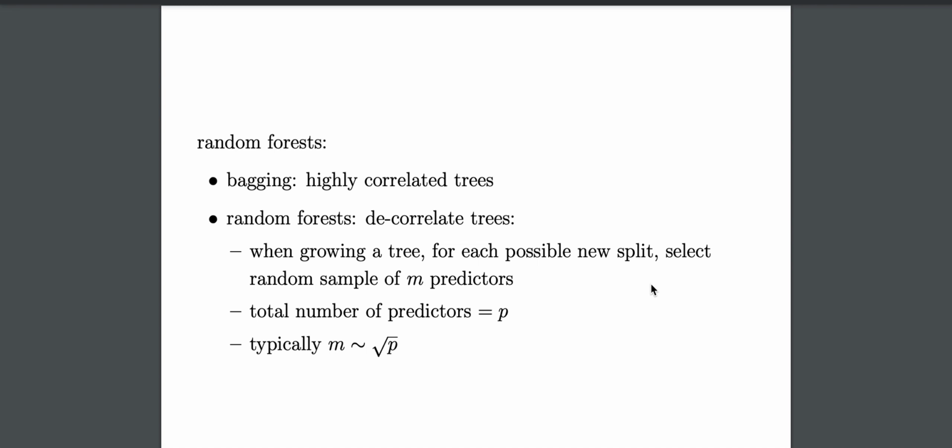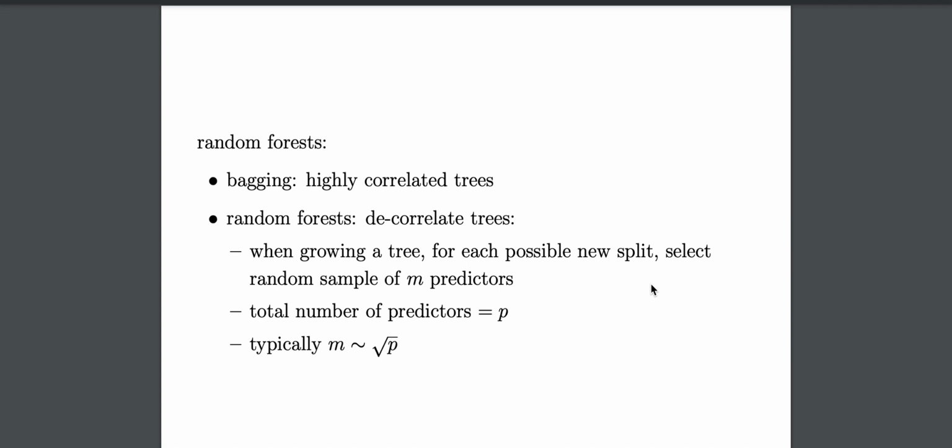So we inject some noise, some randomness, and limit the trees, which will reduce the fitness of each tree to the data, and it will also include some variability.